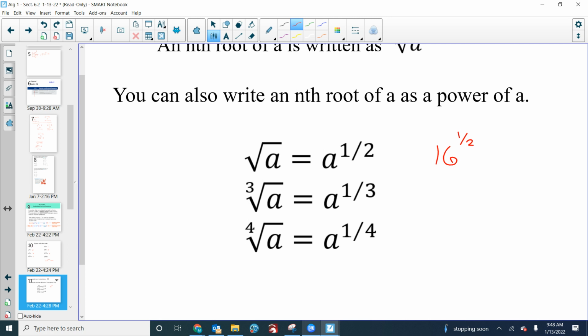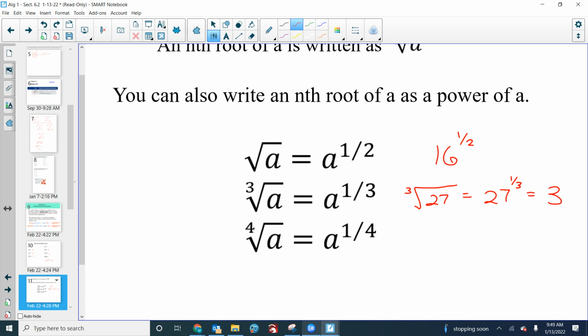The cube root of 27 is the same as 27 to the 1/3 power. Either way, that is 3. You like that? You like the way that looks better? 1/3 better.